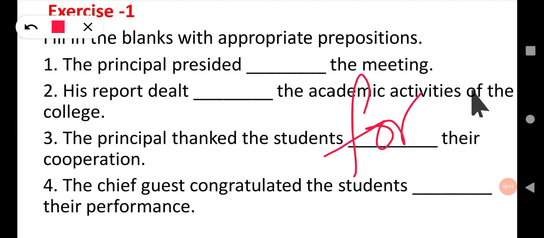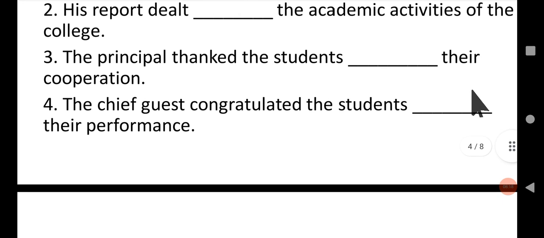Here you have to use the preposition for. Next one, the chief guest congratulated the students dash their performance. When you congratulate someone, you congratulate them on their performance. So here the chief guest congratulated the students on their performance.